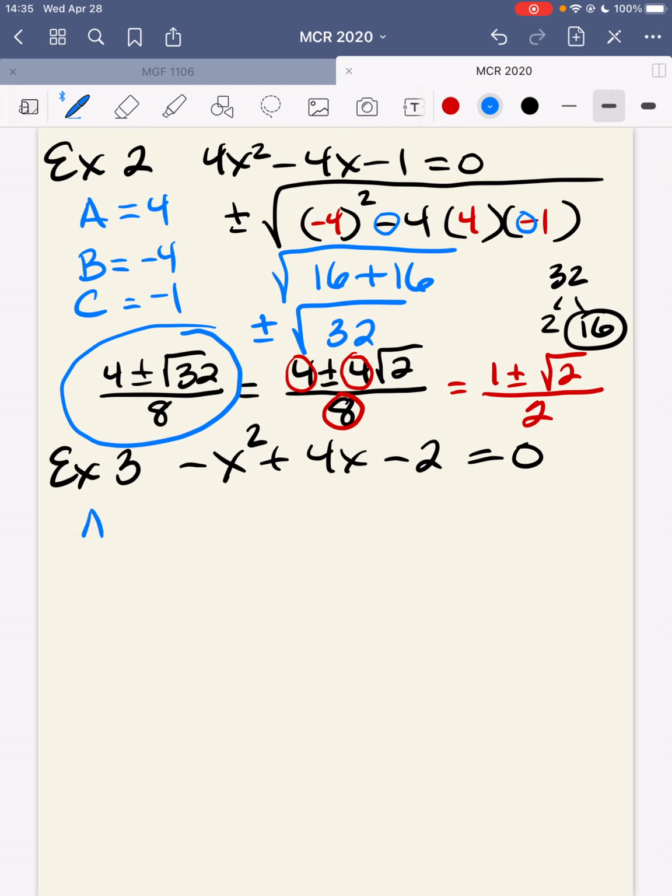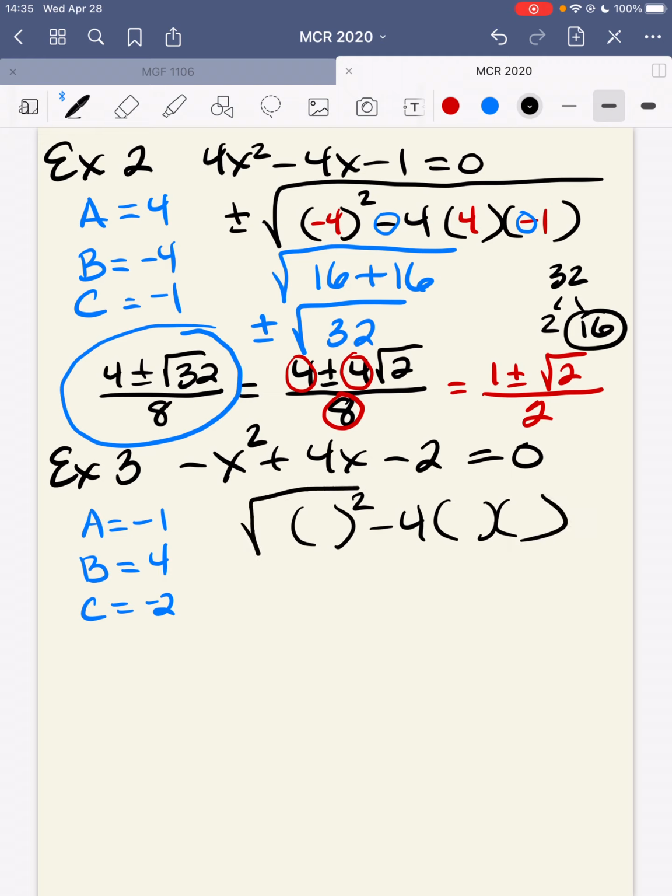So my A is -1. My B is +4. My C is -2. Set it up so I have B squared minus 4 times A times C with a square root and a plus or minus. B is 4. A is -1. C is -2.